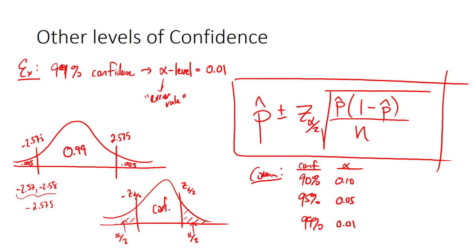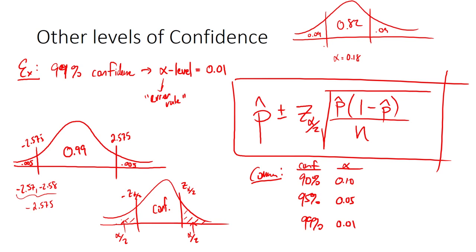Like, if you wanted to construct an 82% confidence level, you could do it if you really wanted to. It wouldn't be that hard. You put 82% of a normal distribution in the middle. So if 82%, what would your alpha level be? It'd be 18%. So you split that in half, so you'd have 9% below and 9% above.